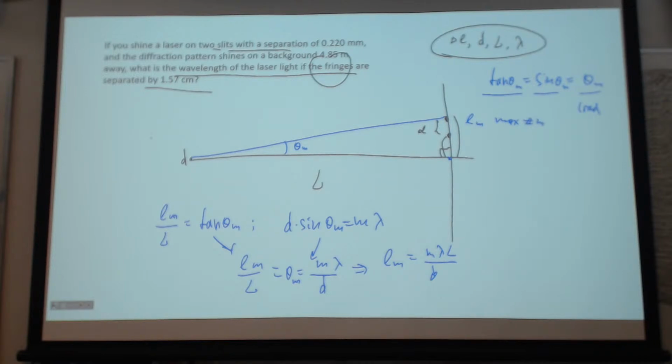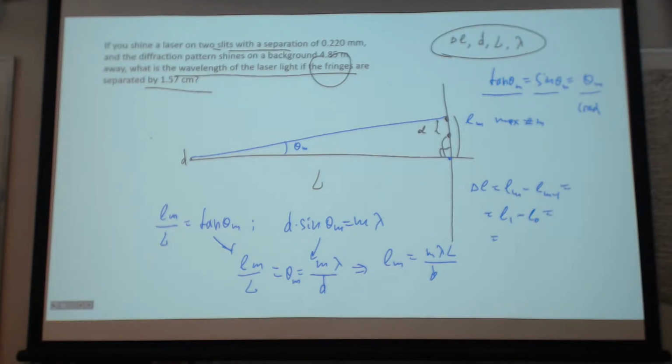But of course, if you know this distance, you can calculate the distance between 2 adjacent maxima, like M and the previous. The result will be the same.